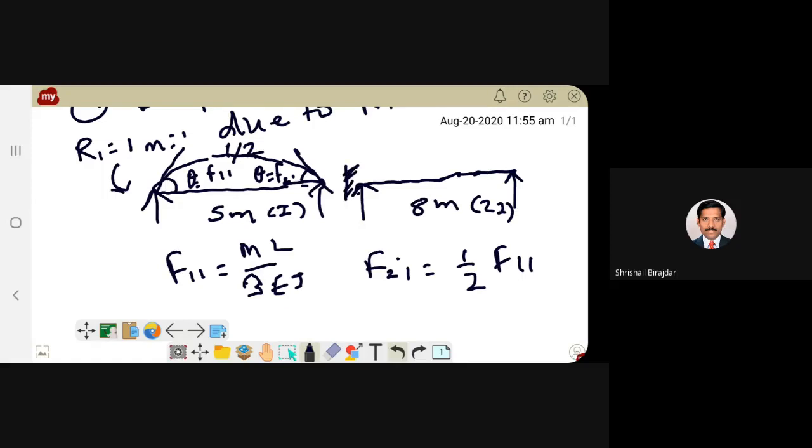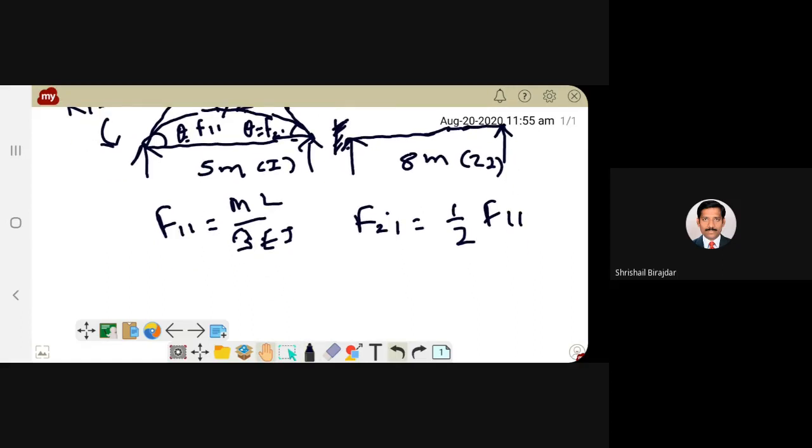I'm just applying the fixed support and making it so. ह्याच्यामध्ये काय करायचं, डिवाइड करायचं. ह्याच्यामध्ये तुम्ही डिवाइड केलात. मग आता दोन स्पॅन वेगवेगळे केलात तर तुम्हाला फ्लेक्झिबिलिटी कोएफिशियंट किती आला, ml/3 आहे and half of f11. You just try to find out the coefficient in fraction.